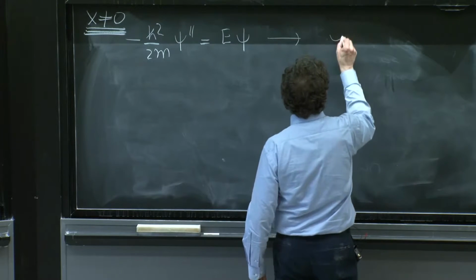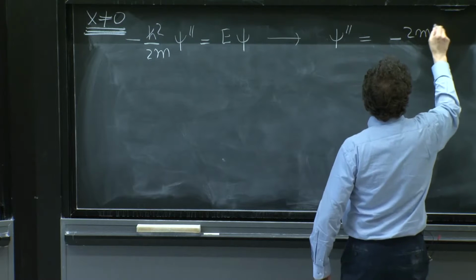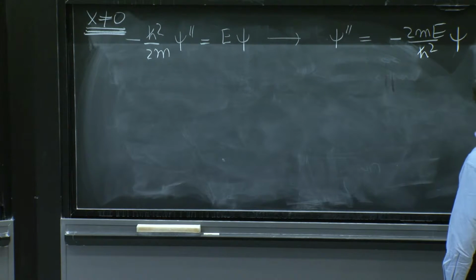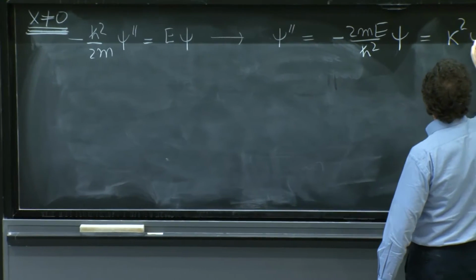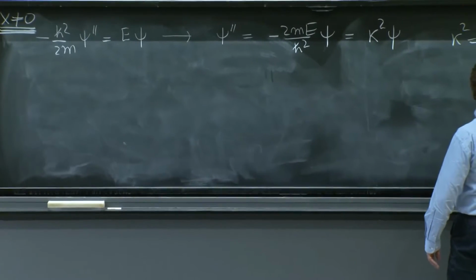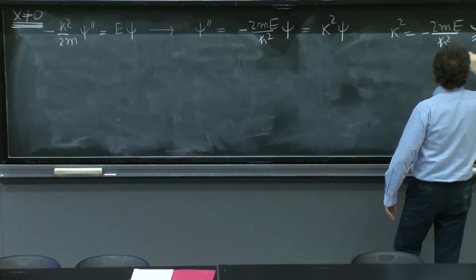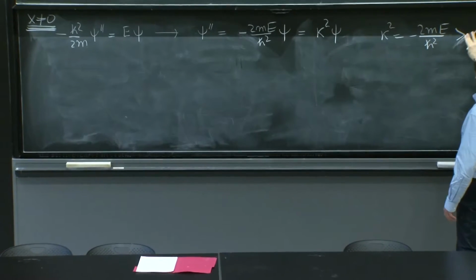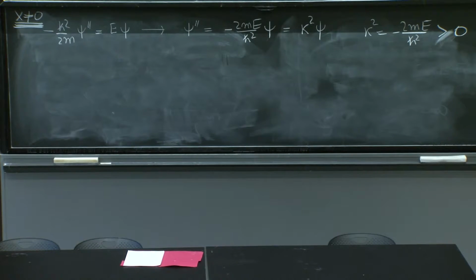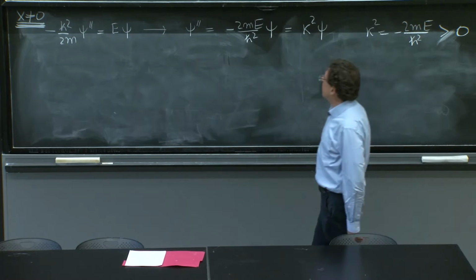So no potential for x different from 0. And this differential equation becomes psi double prime equals minus 2mE over h squared psi. And this is equal to kappa squared psi, where kappa squared is minus 2mE over h squared and is positive. It's positive because the energy is negative and we're looking for bound states. So we're looking for bound states only.